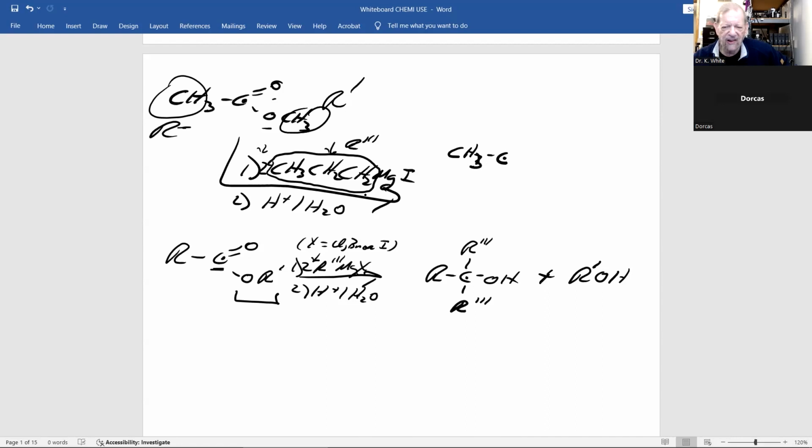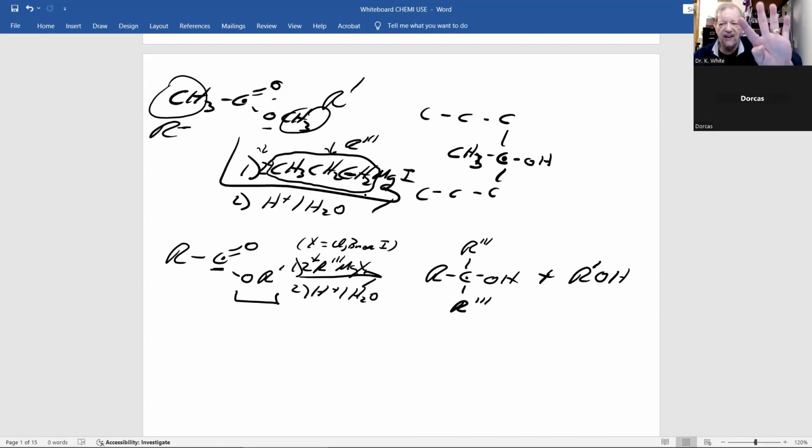That was the carbonyl carbon. That will be an alcohol. And now we're going to have the R triple prime, and this carbon that has the Grignard will be bonded to this carbon here. So this carbon is bonded, not once, but twice.